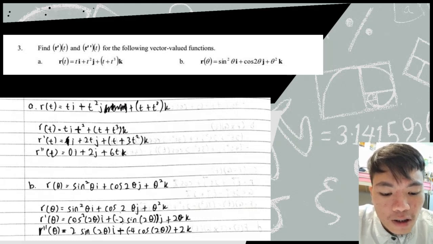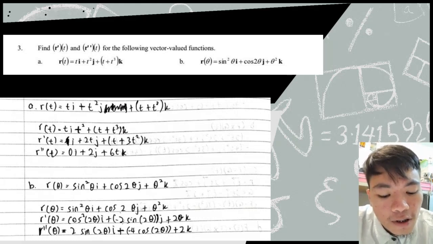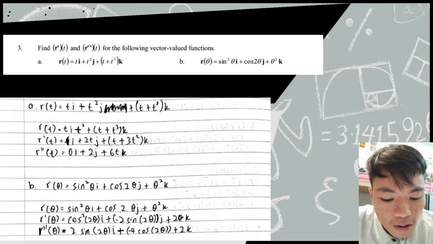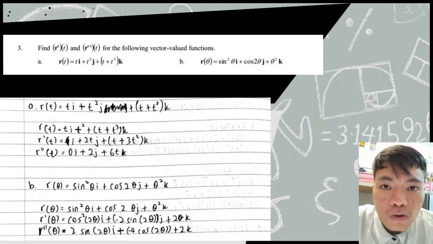We also use the same method, which is to differentiate for the first step, and the second step also differentiate. So in the end we get the answer r(theta) equals 2 sin 2 theta i plus negative 4 cos 2 theta plus 2k.